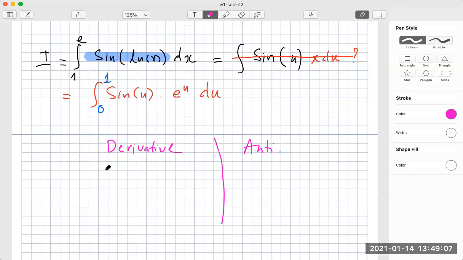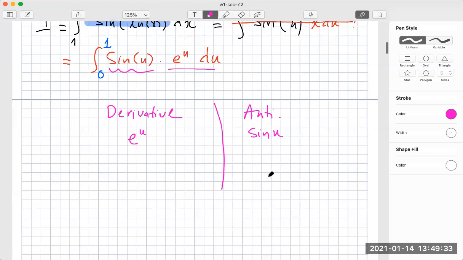So how can we define the u for the column of derivative? E to the u. Okay, let us try with e to the u. So the antiderivative column will be sine of u. On the left column, we take the derivative.